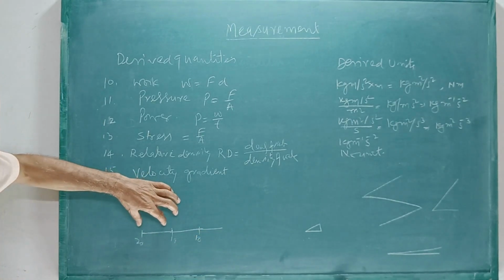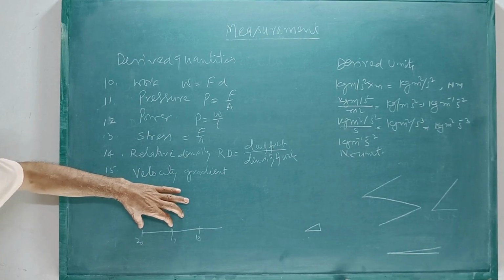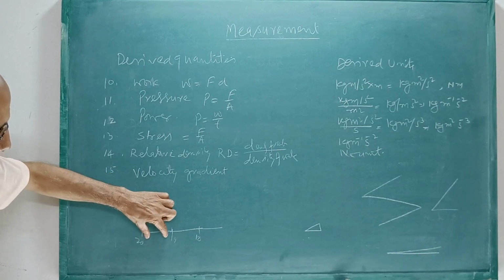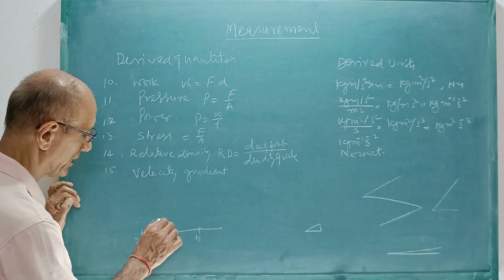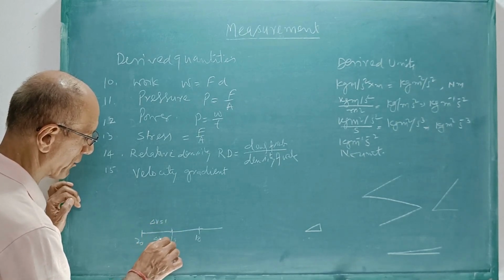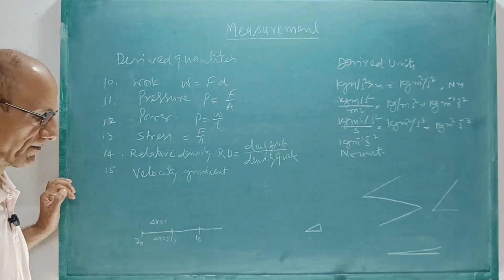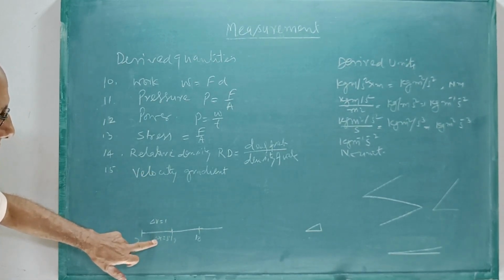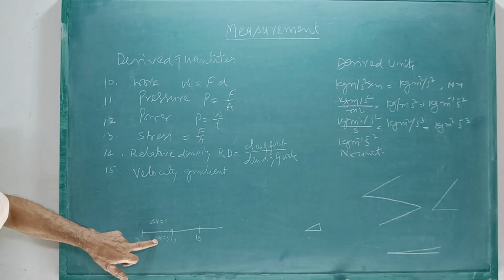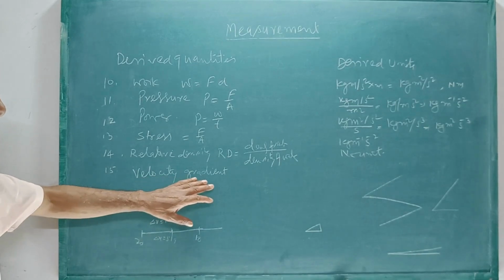So whatever change in velocity is there with this distance, so this change in velocity delta v is 1 and delta x, suppose I say 5 meters. So this change in velocity per unit distance is the velocity gradient.